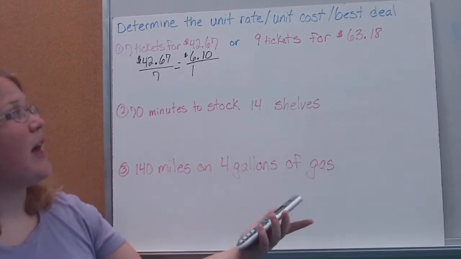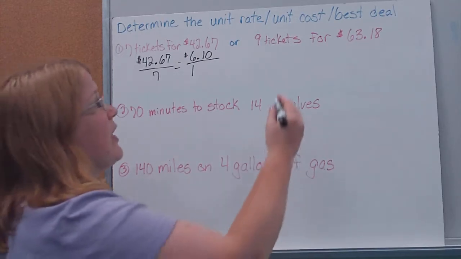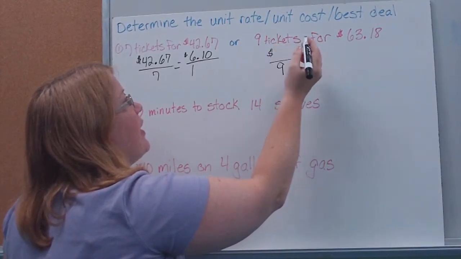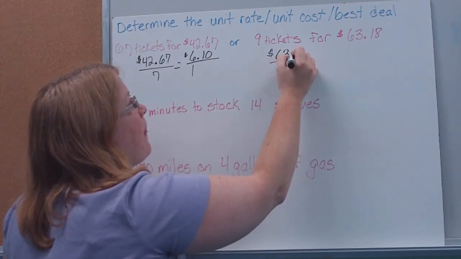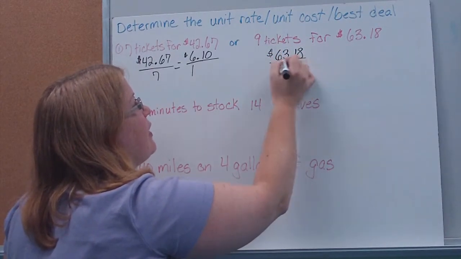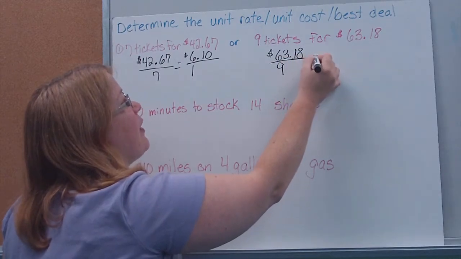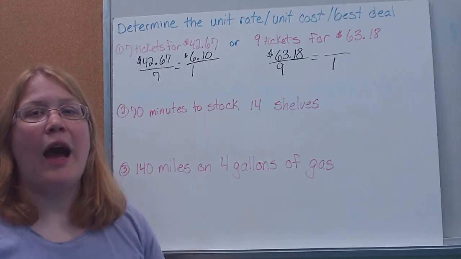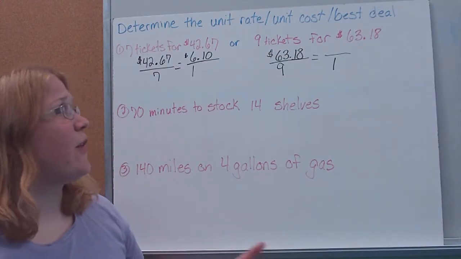So let's see if 9 tickets for $63.18 is a better deal. So my tickets are going on bottom, my money's going on top. And remember, unit rate and unit cost, you have to figure out what it is that you want to know per one. I want to know per 1 ticket, not how many parts of a ticket can I get for $1.